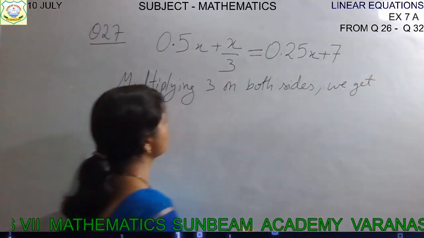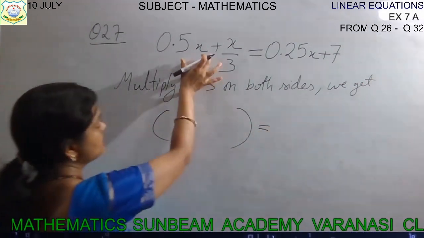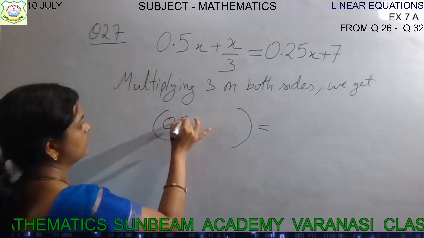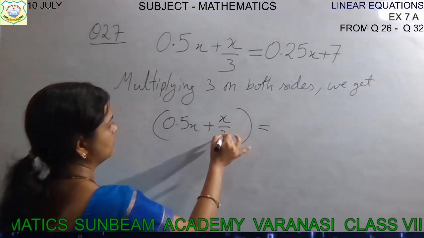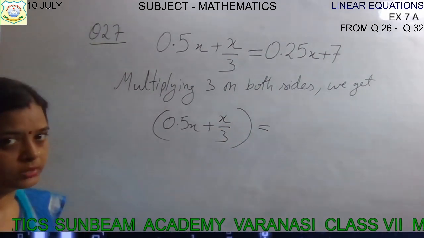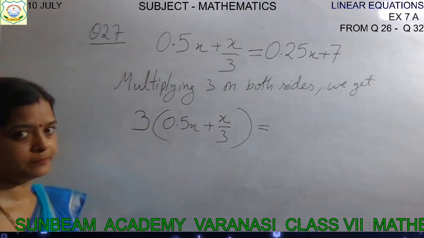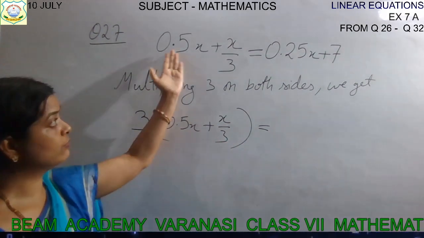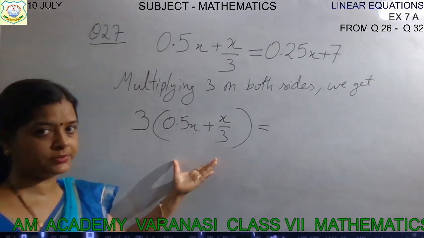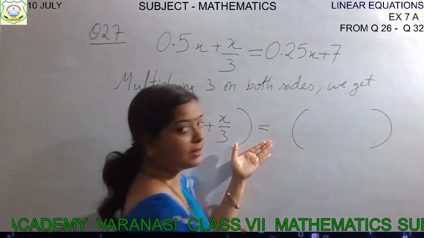What are we doing, children? Multiplying 3 on both sides. We get, what will we get? Let's see, this is LHS. In LHS, what is our expression? 0.5x plus x by 3. Both the terms we have written in a bracket and we will multiply 3 with it. So 3 will multiply with both. That's why we have to keep LHS in a bracket. In the same way, we have to keep RHS in a bracket.